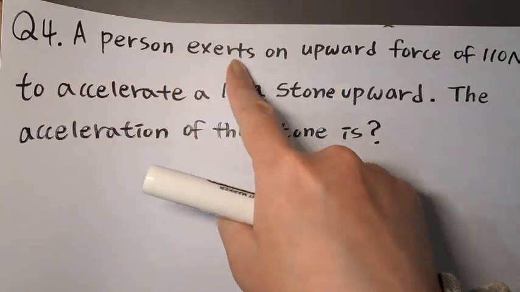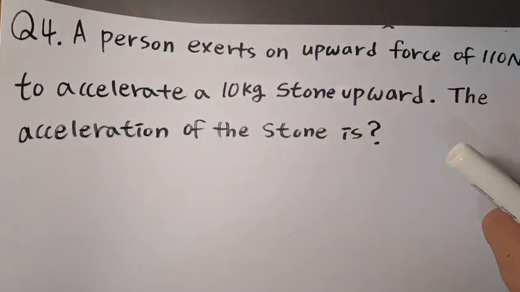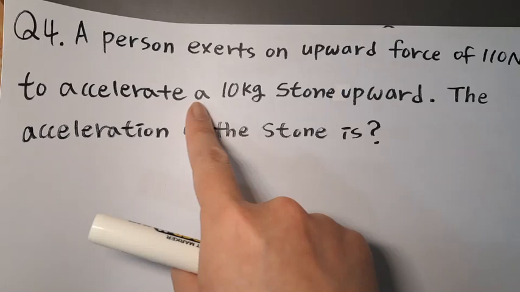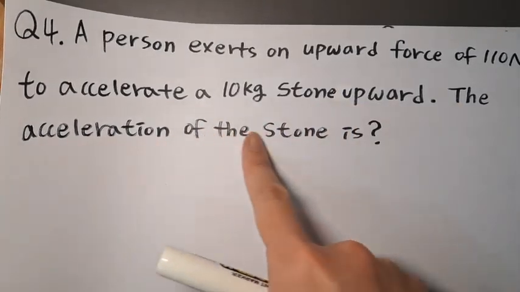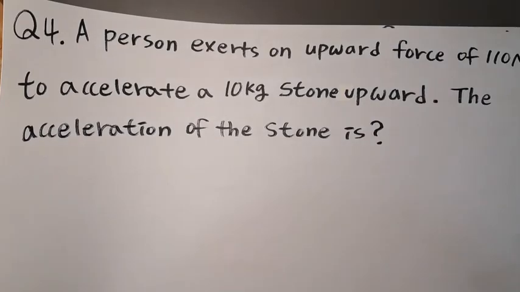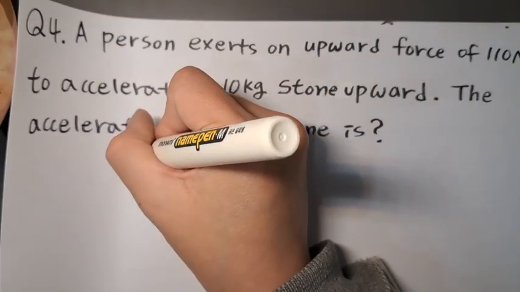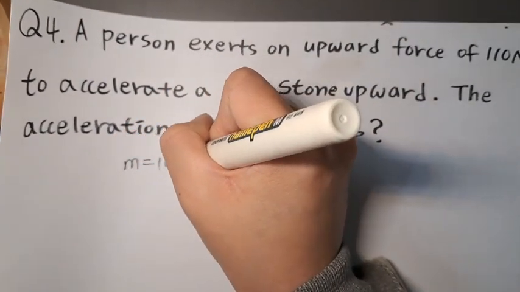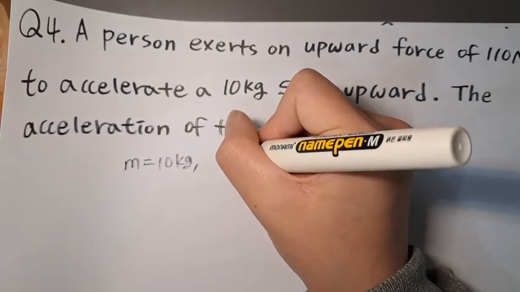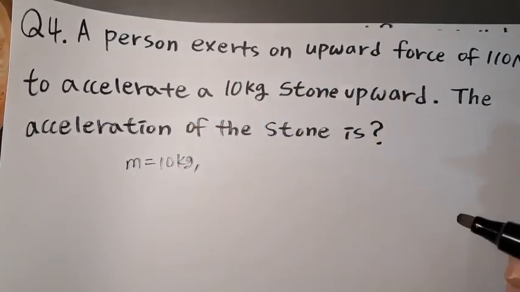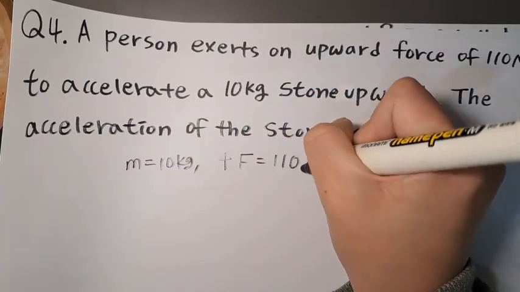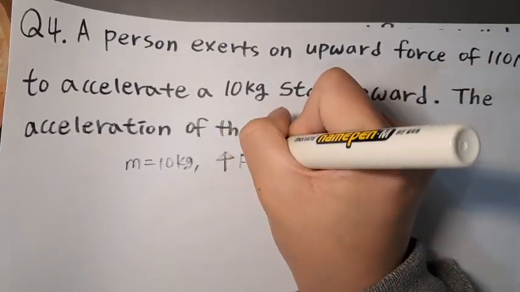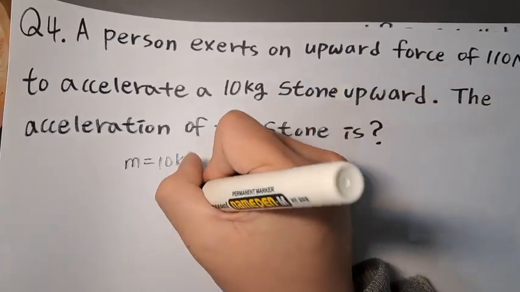A person exerts an upward force of 110 Newton to accelerate the 10 kilogram stone. The acceleration of the stone is? So mass is 10 kilograms and upward force is going to be 110 Newton.